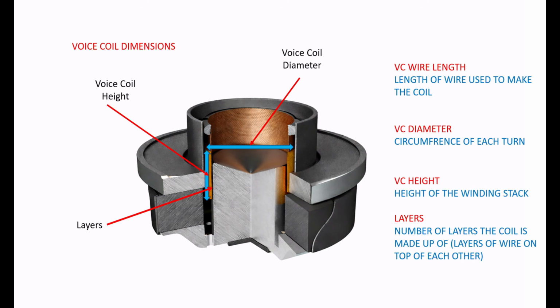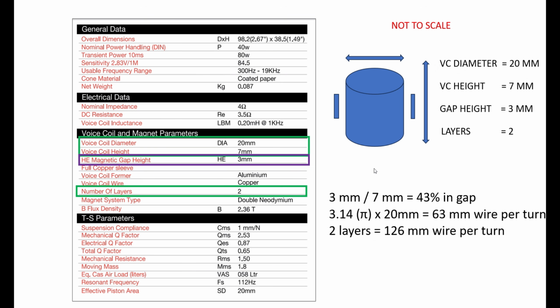If we have that information, let's take this speaker here: the voice coil diameter is 20 millimeters, the voice coil height is 7 millimeters, the gap is 3, and 2 layers. The first thing we can figure out is how much of the voice coil can be in the gap at any one time.